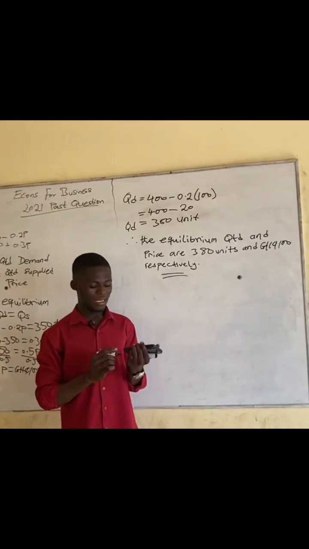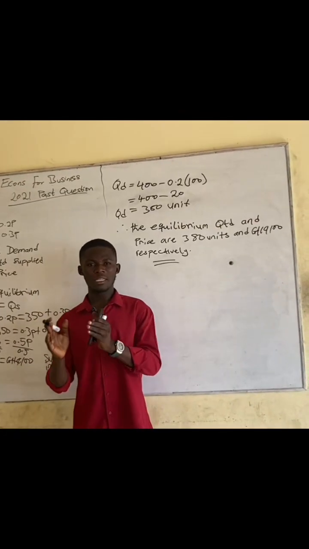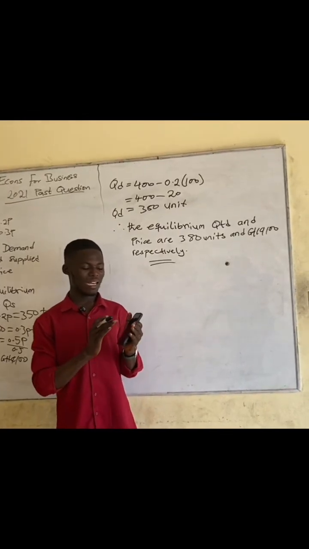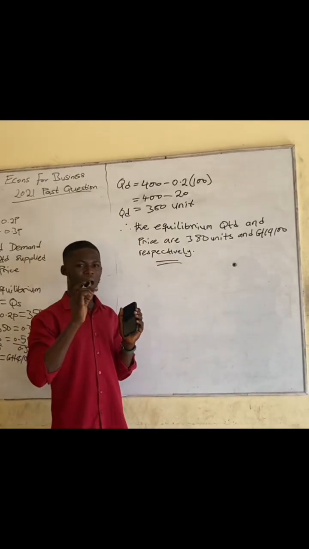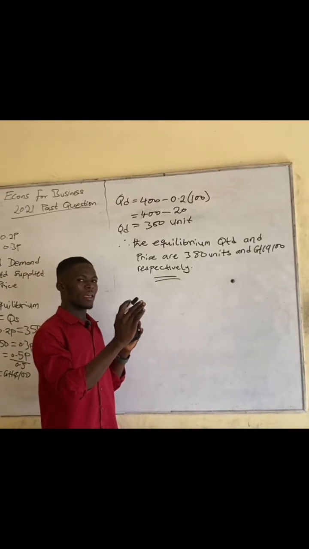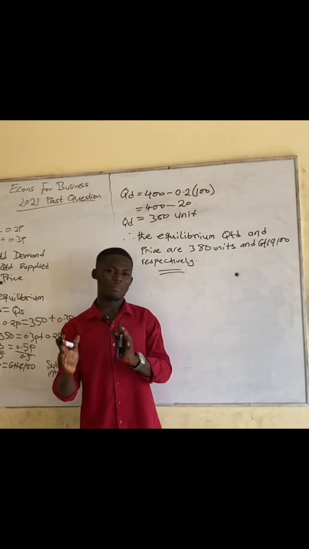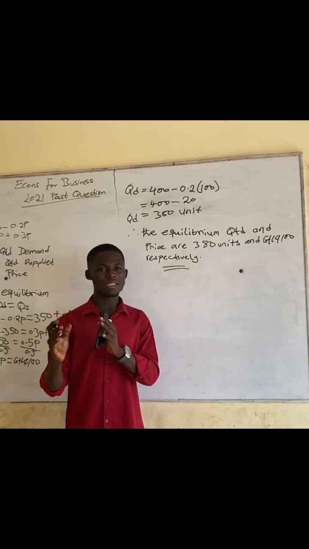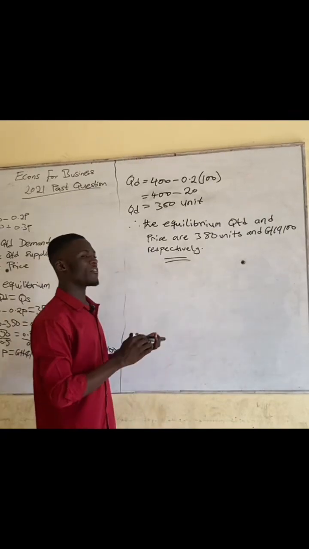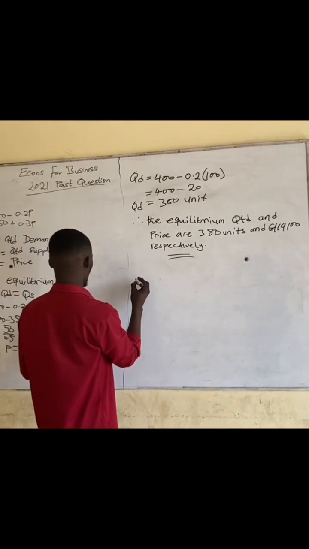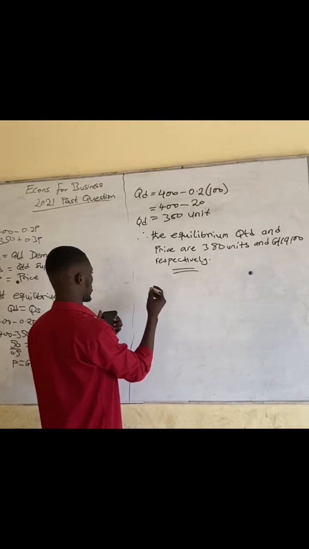When you meet something like this, it is in two forms: either subsidies or tax, and here they have given us the tax. For a tax, you deduct the tax amount from your supply equation, which is the price. When you meet subsidies, you add it to your supply equation. So here we have tax, and (ii) states that we should determine the new equilibrium price.